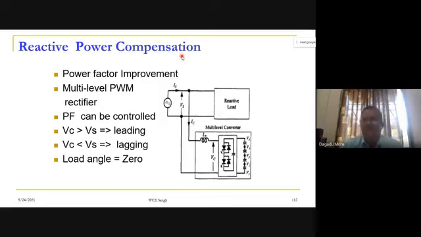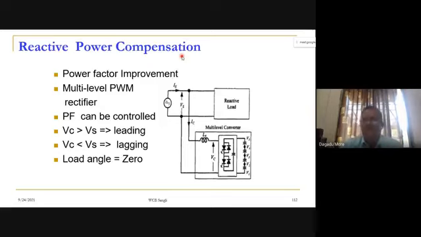If you want zero lagging or zero leading, power flow is only reactive. Are you getting that? If you supply this bridge, power flow between the supply lines and this multi-level converter is only reactive.